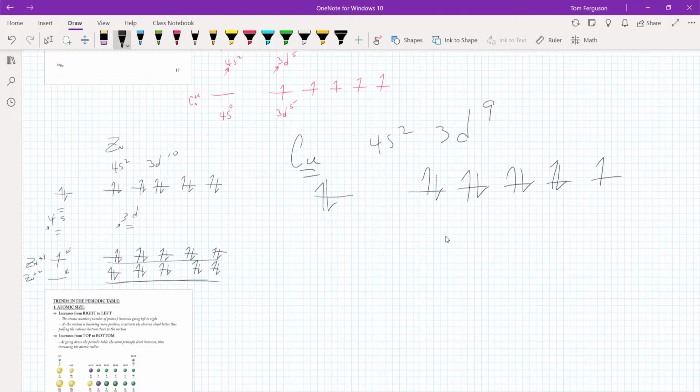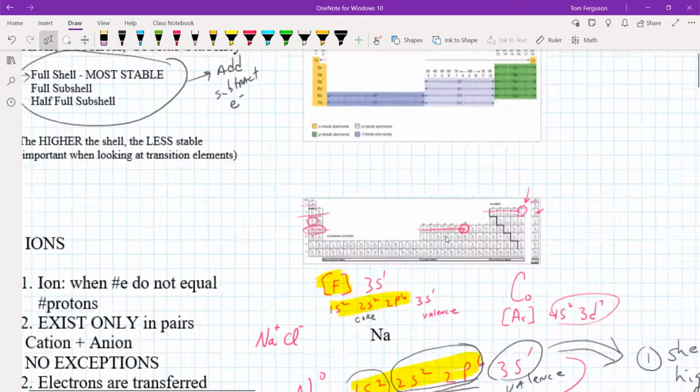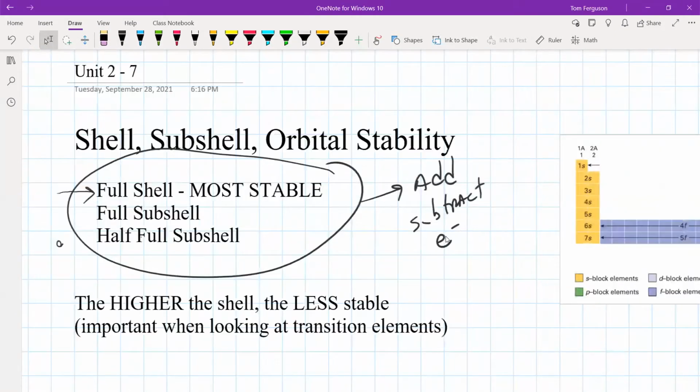What copper does, copper is kind of looking at, okay, I'm not particularly stable. Is there a way I can rearrange my electrons slightly differently so that I can have these guys up here fulfilled better?